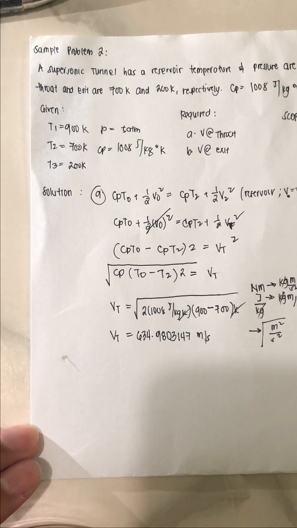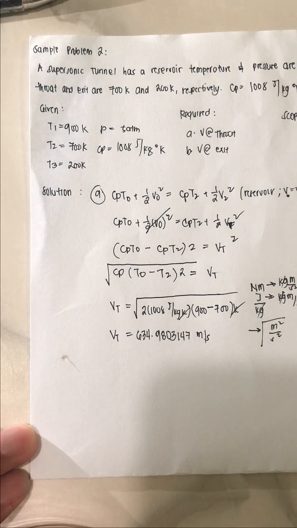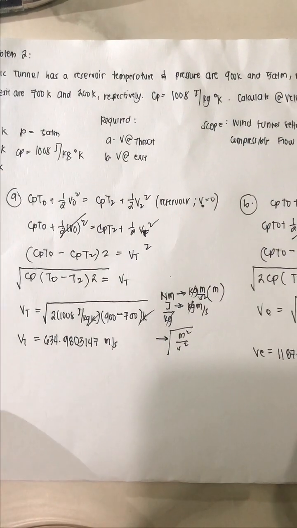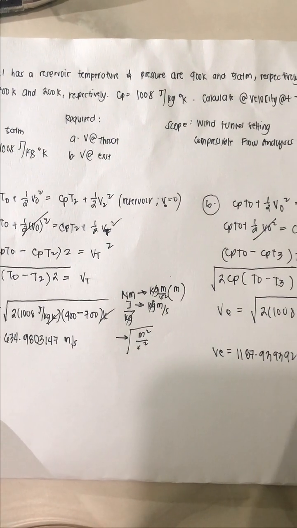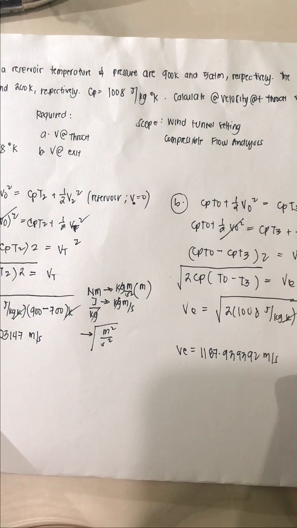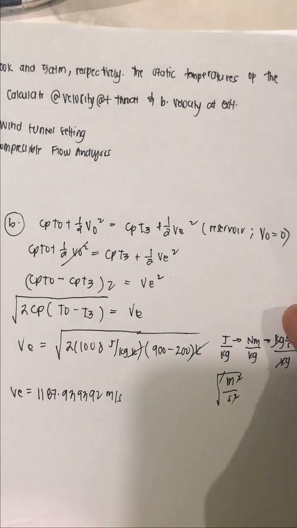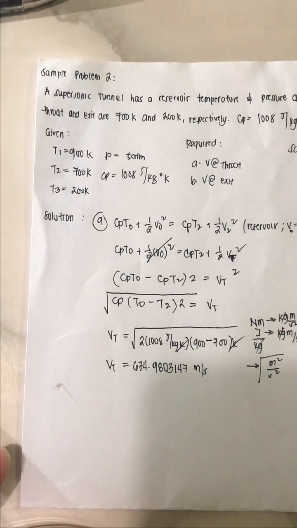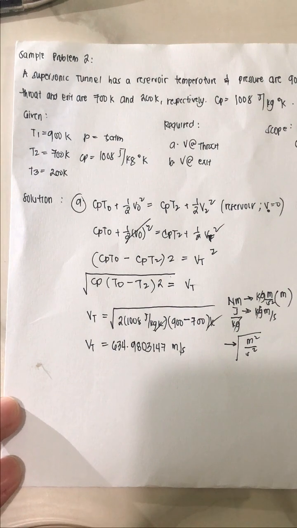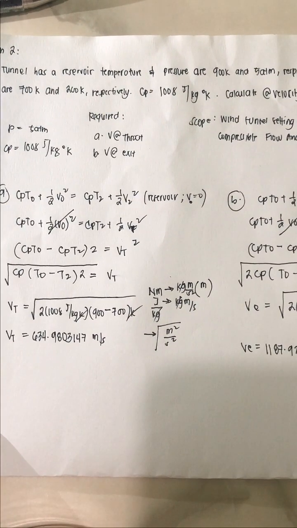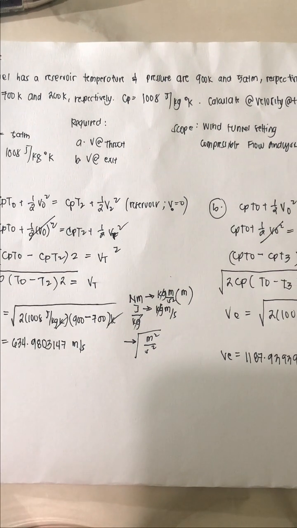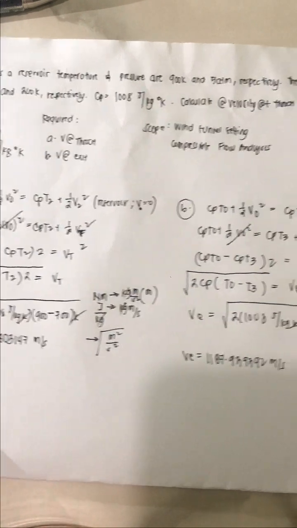For sample problem number 2, a supersonic tunnel has a reservoir temperature and pressure of 900 Kelvin and 5 atmospheres respectively. The static temperatures at the throat and exit are 700 Kelvin and 200 Kelvin respectively. The specific heat at constant pressure is 1008 joules per kilogram Kelvin.